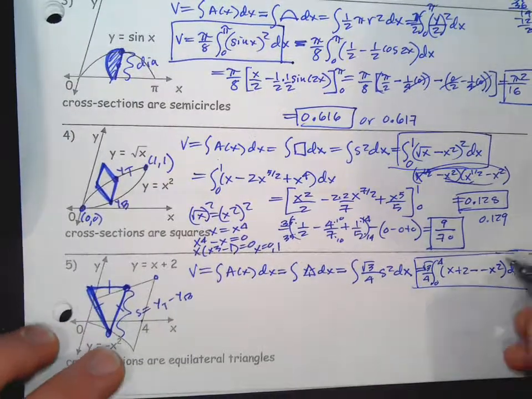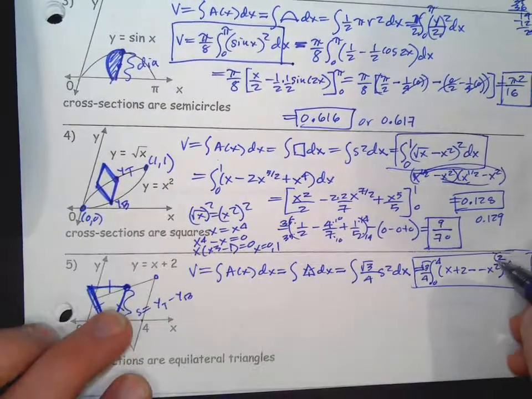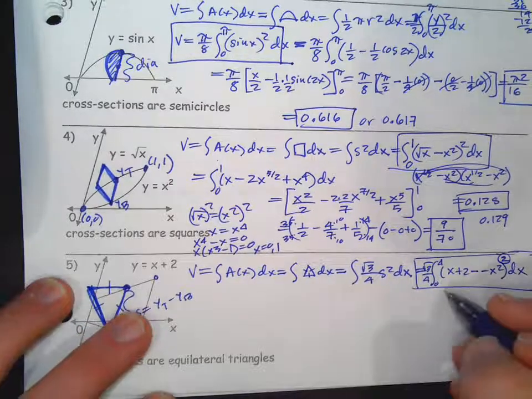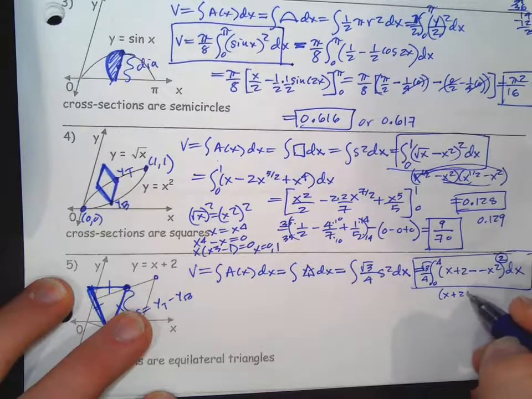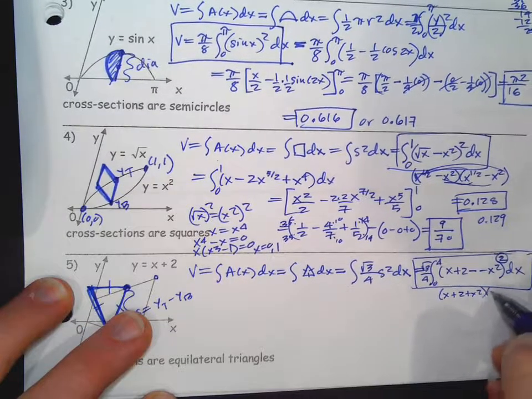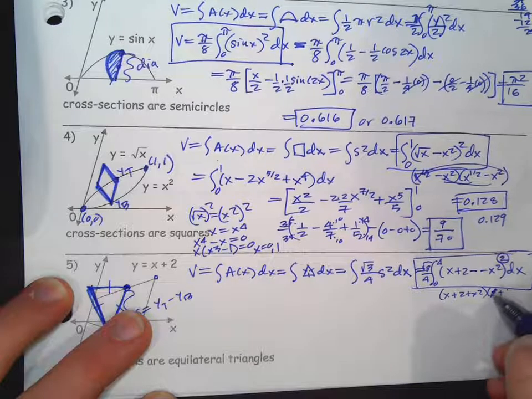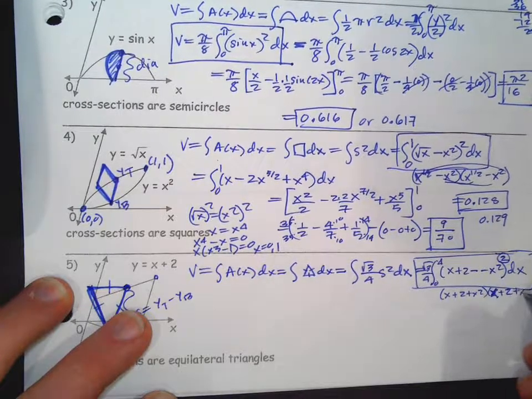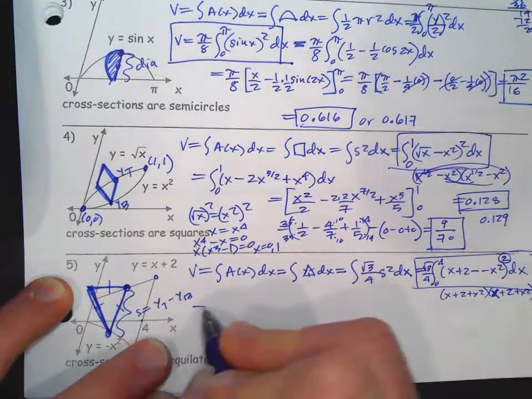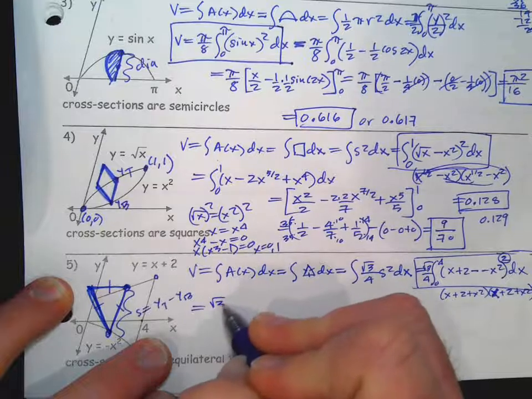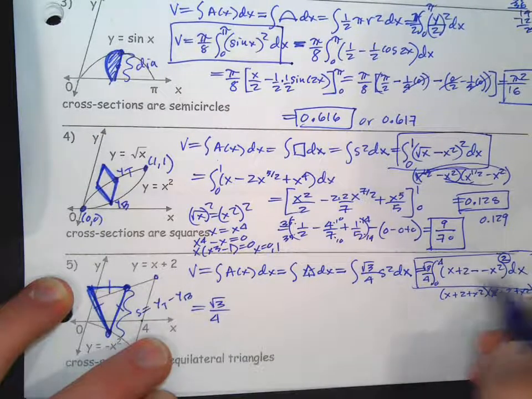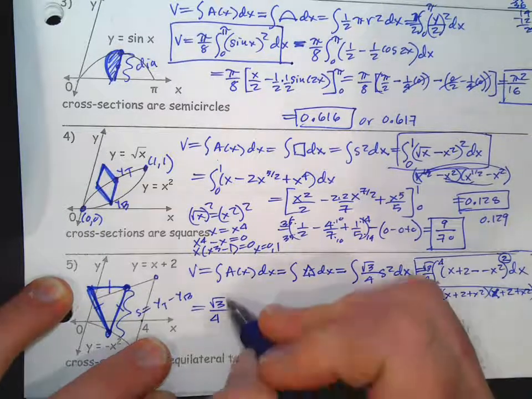Don't forget this squared. Now if we're going to do this by hand, we would want to FOIL this all out. I mean, it's a lot quicker by calculator, but if you're getting some extra practice like I am, I would just plug it in your calculator like this if you can do it by calculator.